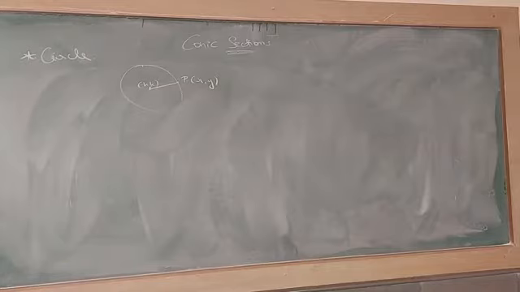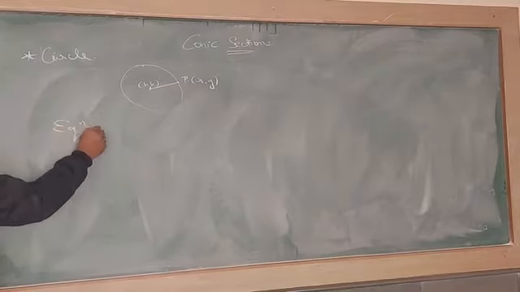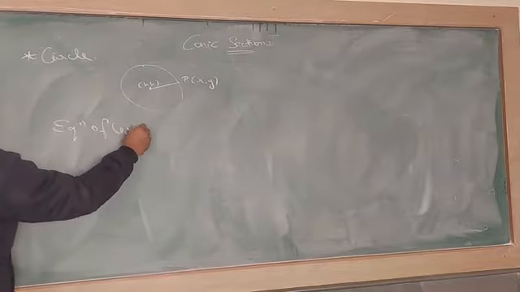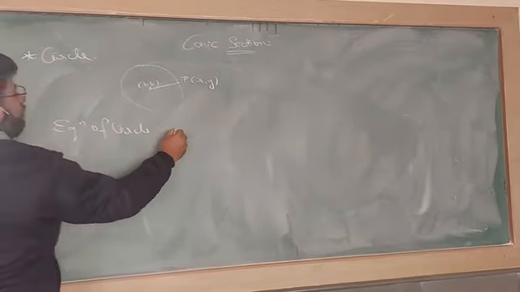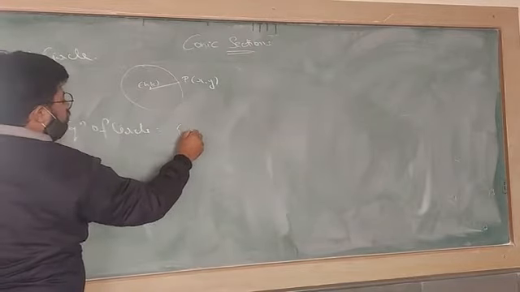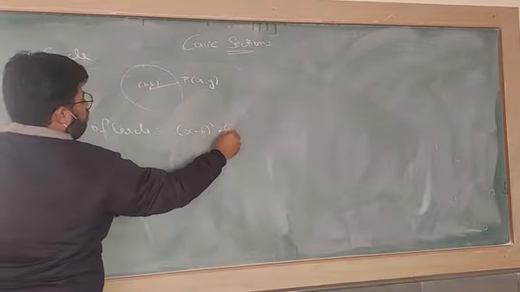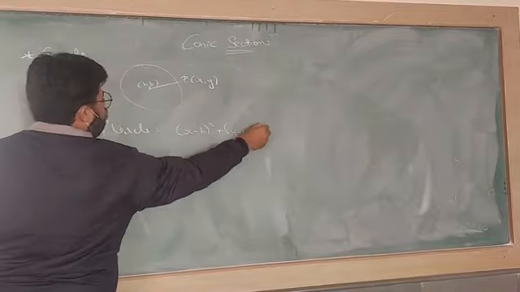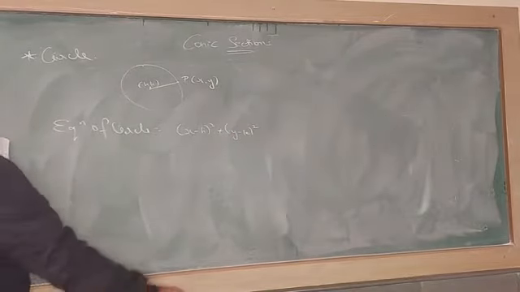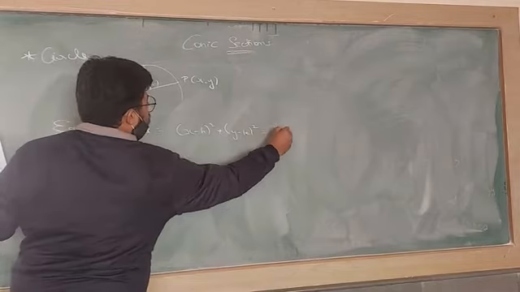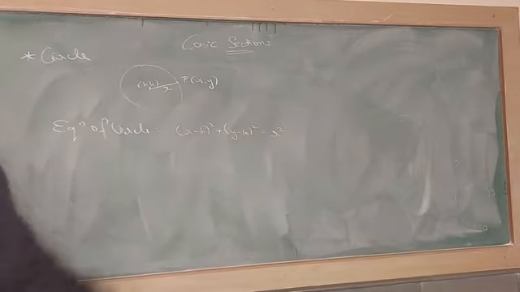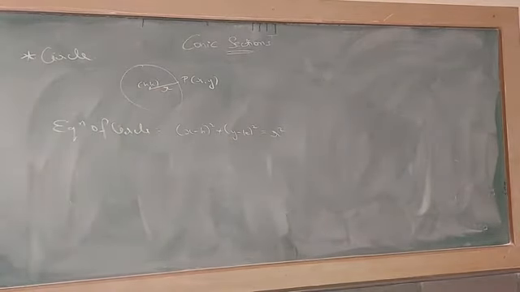Now, if you are asked to find the equation of the circle, the formula is x minus h whole square plus y minus k whole square equals r square. r will be the radius. This is the equation of circle. Note it down. Where h and k are the center and r is the radius.